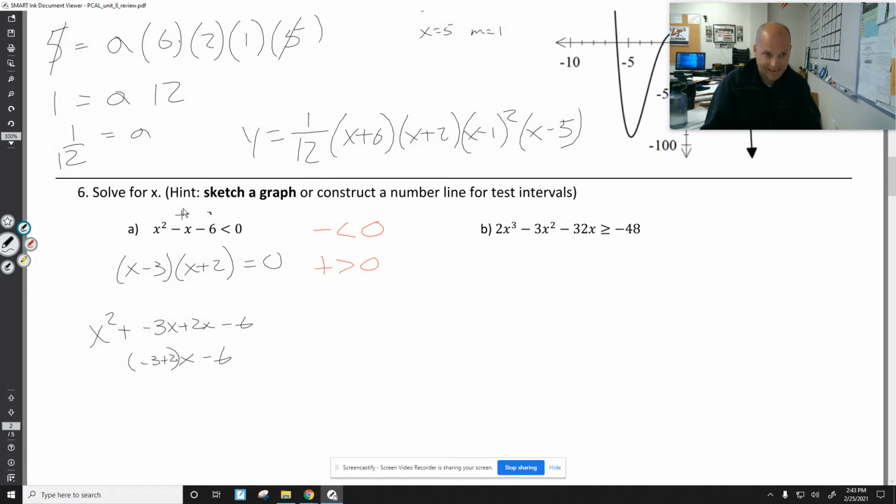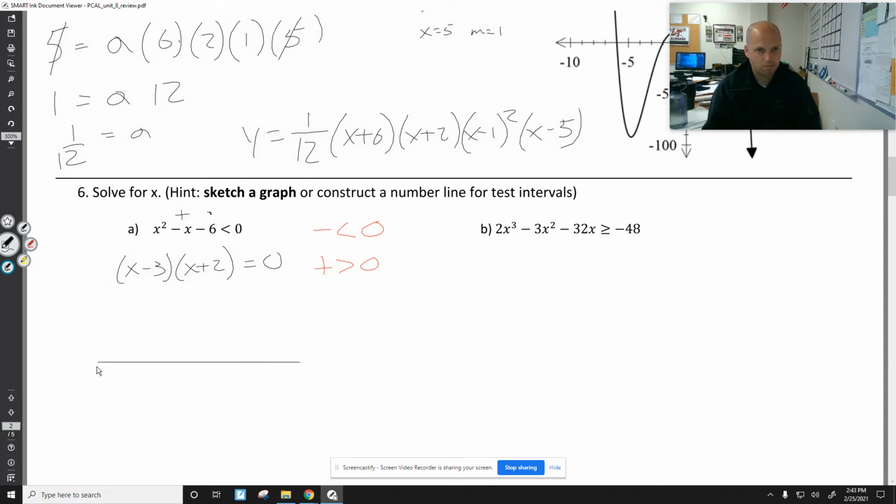The two numbers add to get negative 1. The two numbers multiply to get negative 3 times 2, right?